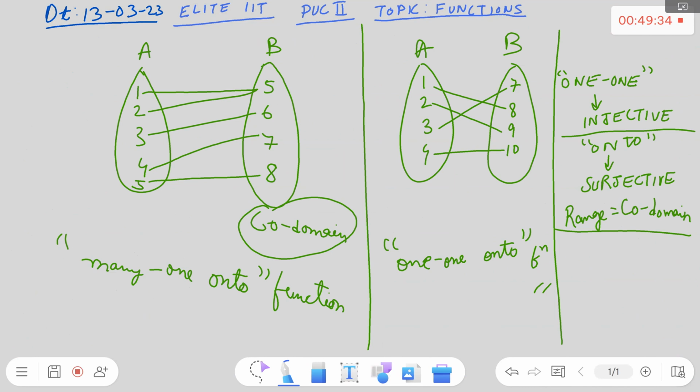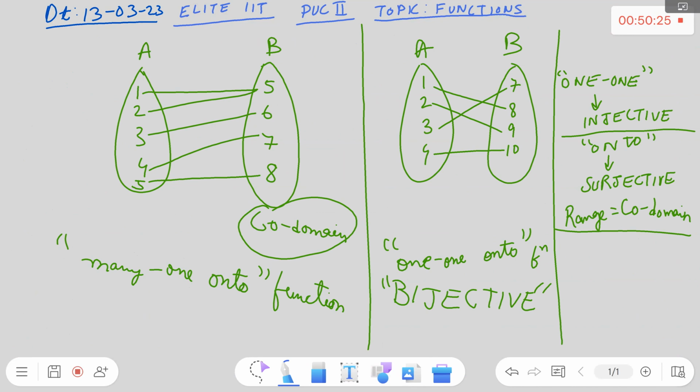If a function is injective, in bracket one one, as well as surjective, in bracket onto, then that function is called a one one onto function or a bijective function.